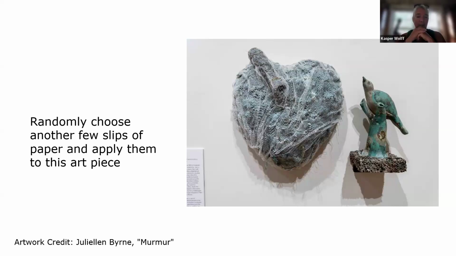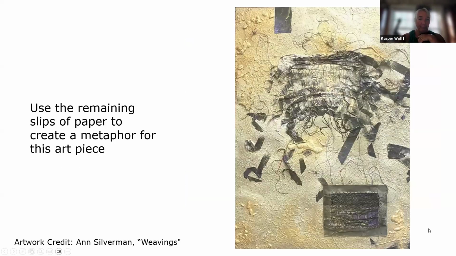And for some more fun, again, randomly choose another few slips of paper and apply them to this piece called Murmur. And since all good things come in 3s, supposedly, use the remaining slips of paper to create a metaphor for this piece, Weavings.